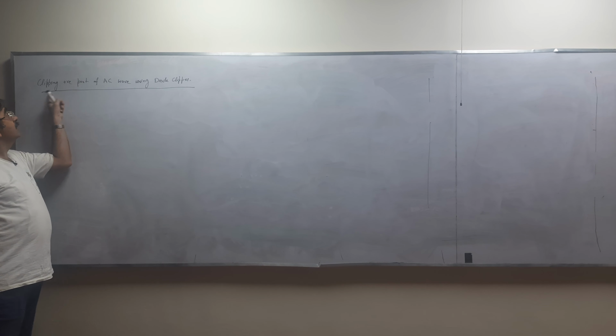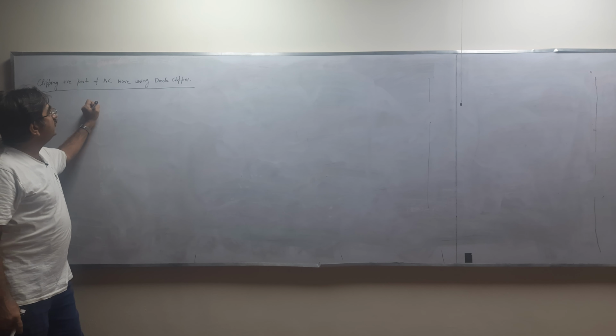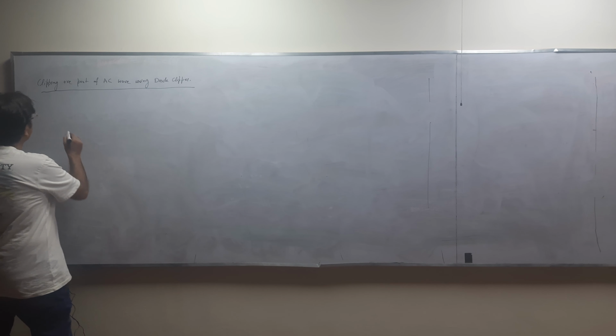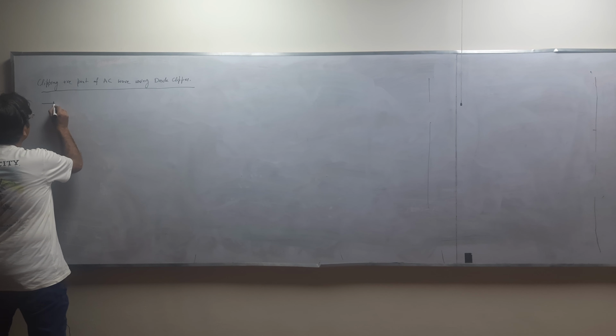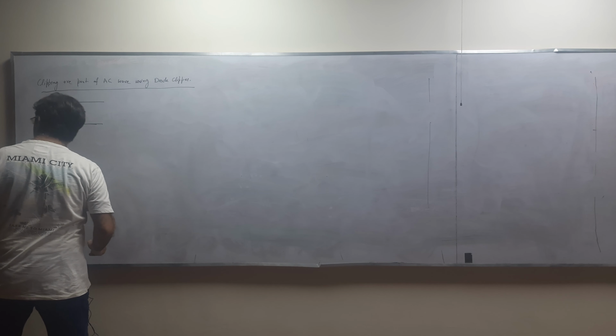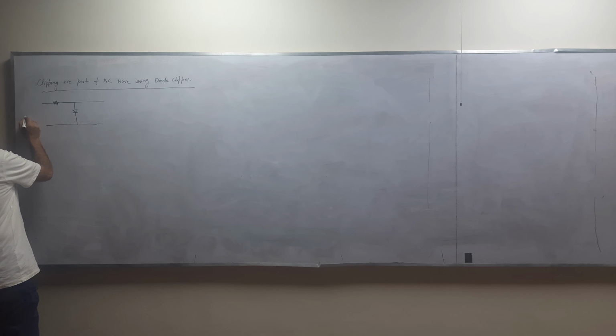Now our topic is clipping the positive part of an AC wave using a diode clipper. For this purpose, if I draw this circuit, this is the incoming wave.